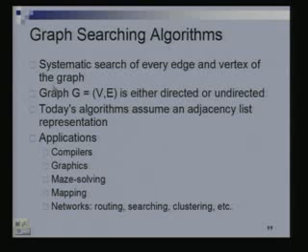The graph could be either a directed or an undirected graph, and we are going to be assuming an adjacency list implementation of the graph for the algorithm that we will be discussing. Graph searching algorithms are the most common algorithms that you typically perform on graphs, and they appear in a whole lot of settings.